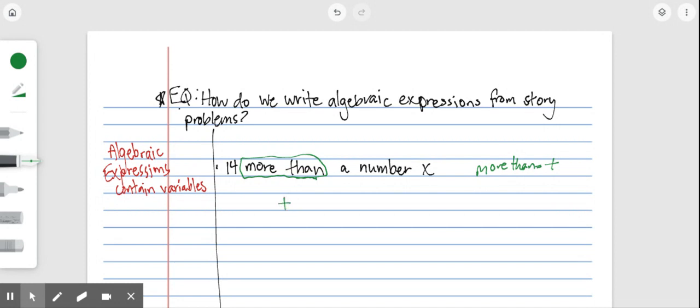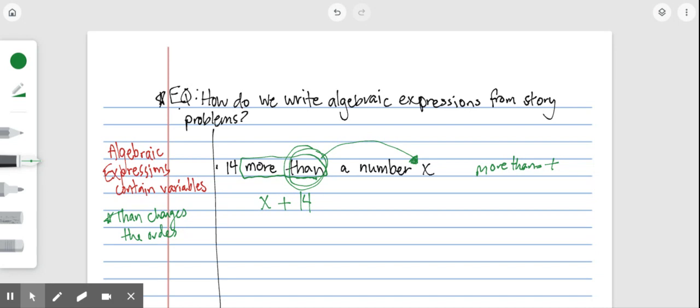Okay, but remember from yesterday when we talked about the word than, and how than changes the order. Than changes the order, okay? Because it basically says the first number is this number x. So we'll start with x plus 14 because it's more than x.